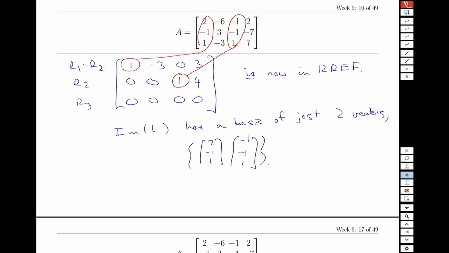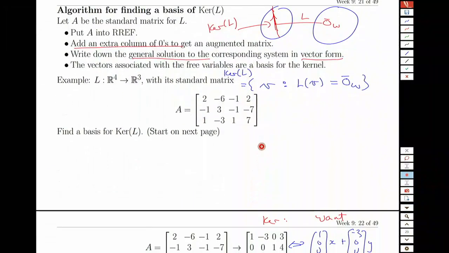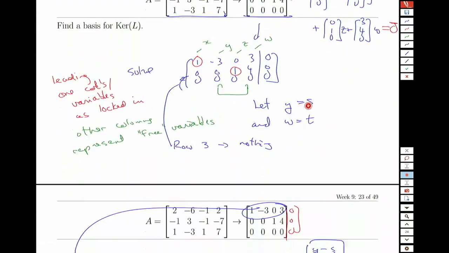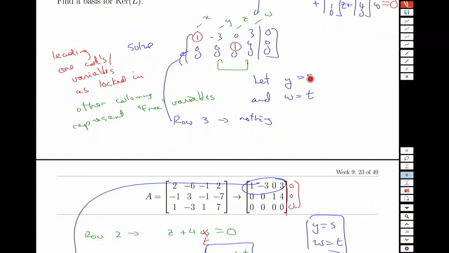Leading column over the 1 becomes part of the image. For the other side of it, for the kernel, notice which variables became the free variables. The variables precisely without a leading one, the other columns. And so we have this natural selection. Each of the columns is either going to be one with a leading one, like these two, or it's going to be one without a leading one.